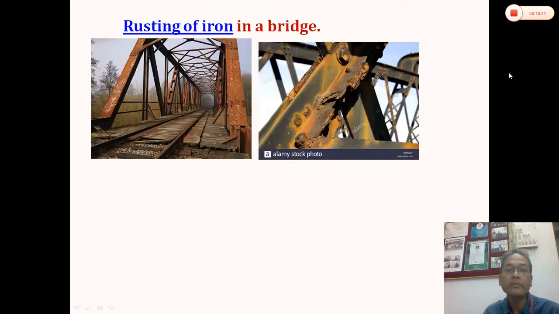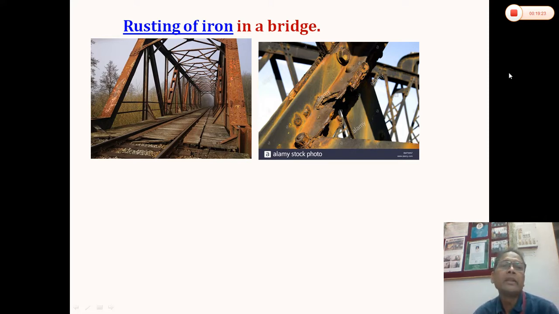Here we are observing some bridges and the collapse of a bridge or some accidents on a bridge because of its collapse. This is because of rusting, and this rusting occurs when there is rain, acid rain, particularly in areas where there is acid rain. What do you mean by acid rain? In summer or in the normal dry season, SO2 and NO2 gases evolved from nature escape into the atmosphere.